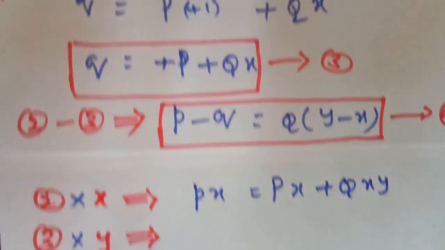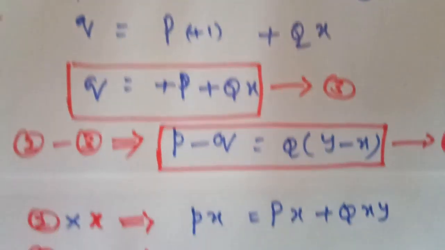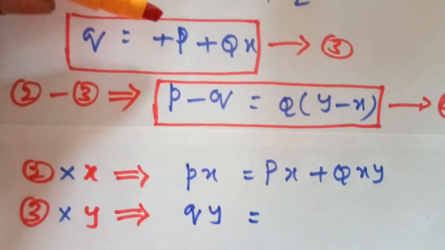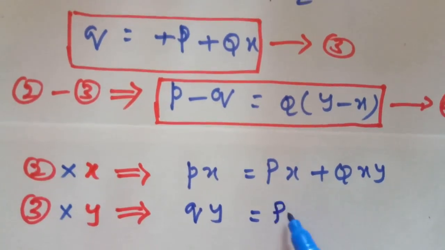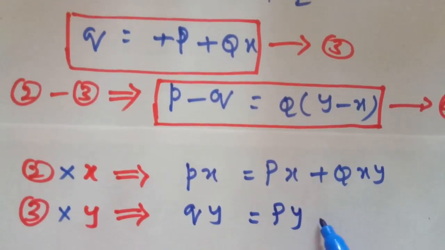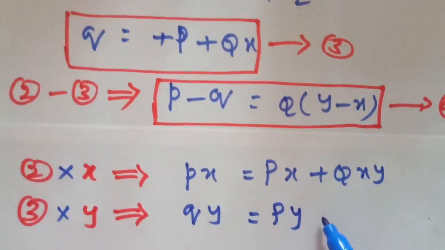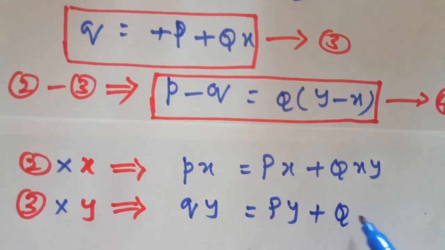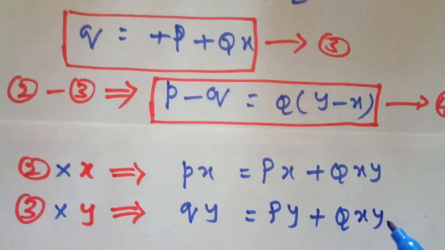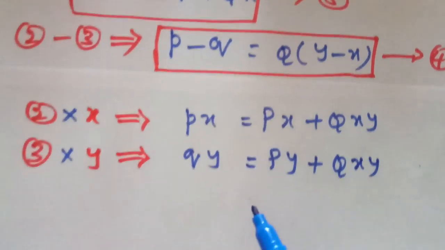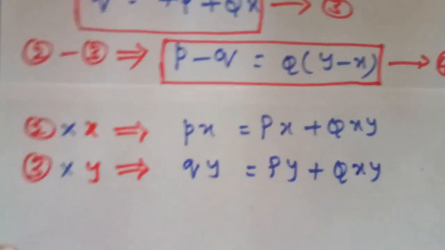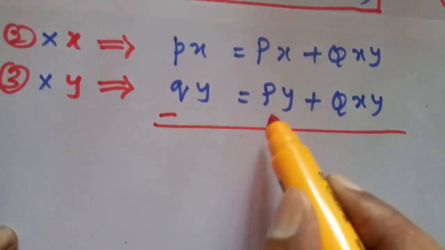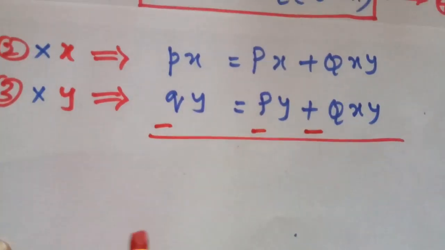Now third equation into y, that is q into y is equal to p into y plus q into x comma y. Therefore, now subtracting, minus minus minus.